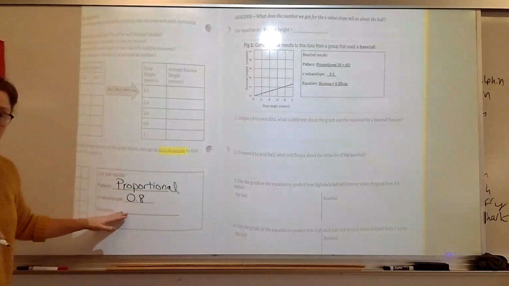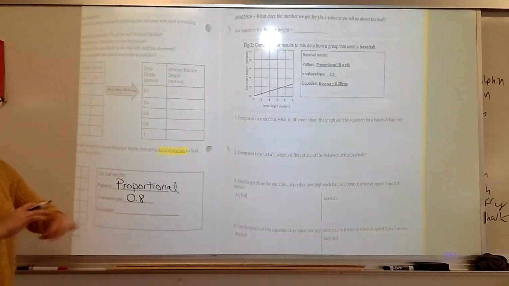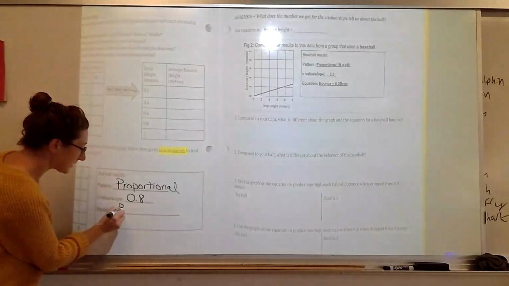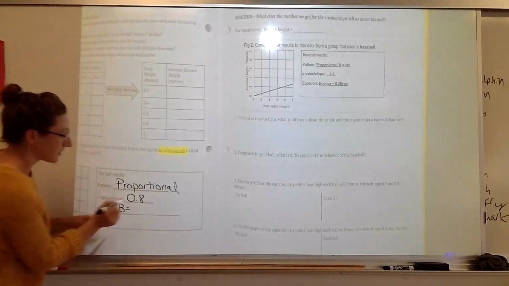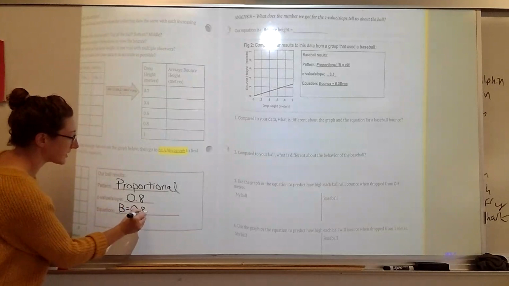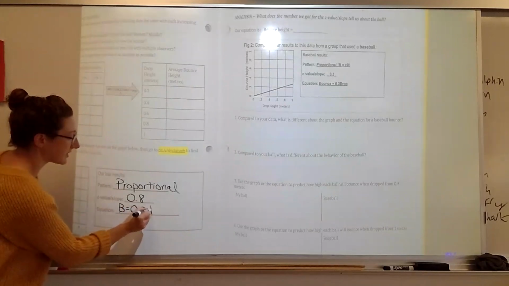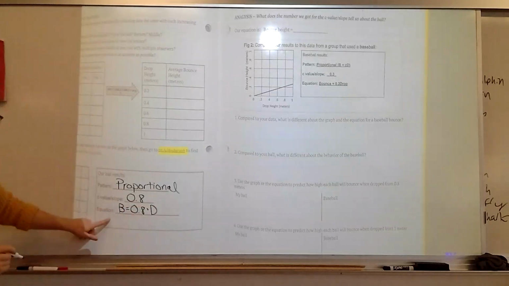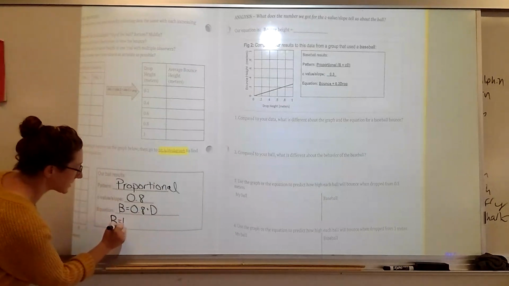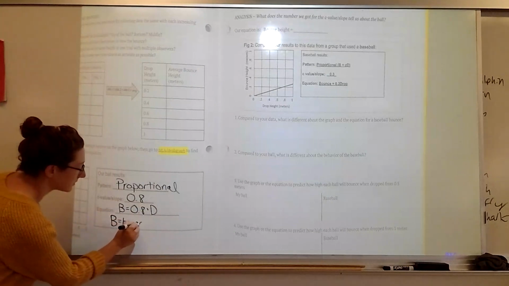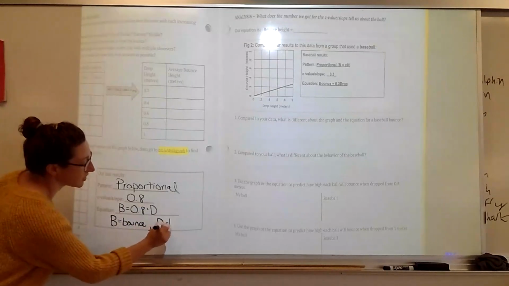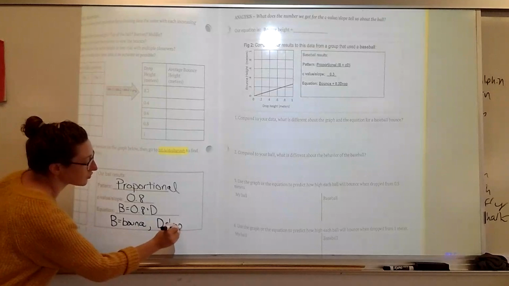And the equation that I found from Desmos, I'm assuming that you have already done this, is B equals my C value, 0.8, times D, where B equals bounce height and D equals drop height.